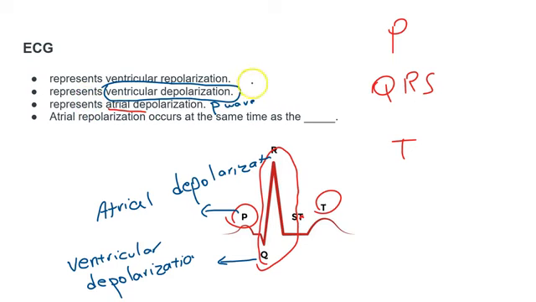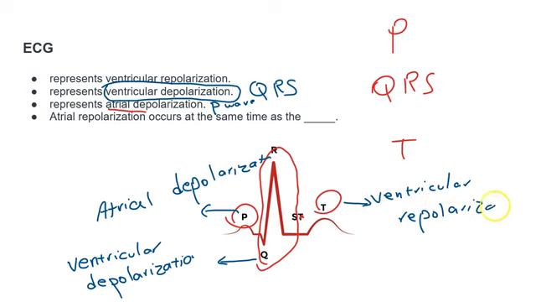Okay, so that's going to be our QRS. Then when we are recording the T wave, ventricular repolarization is happening. Ventricular repolarization, that is our T wave. So here we have the T wave. But what is missing? We got atrial depolarization during the P wave, ventricular depolarization during QRS, and ventricular repolarization during the T wave.